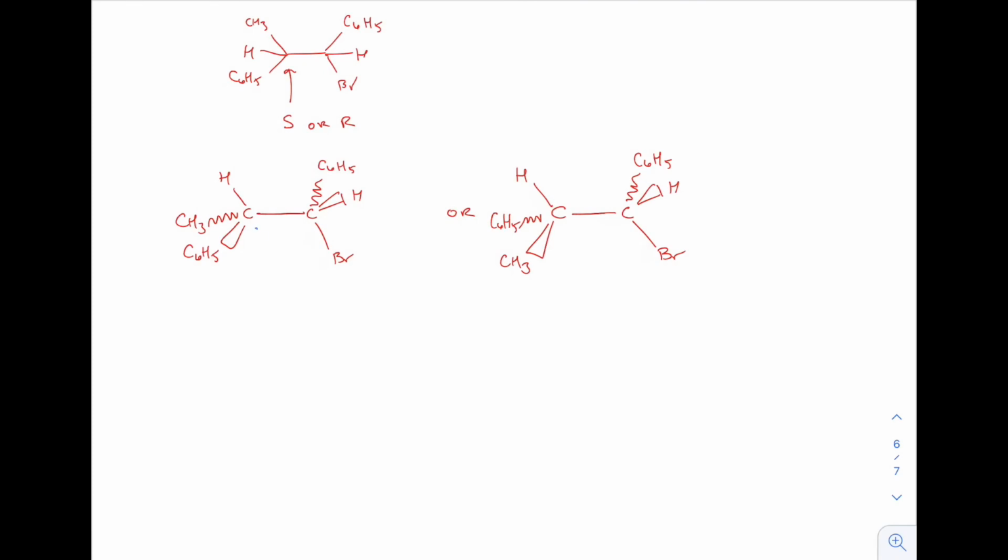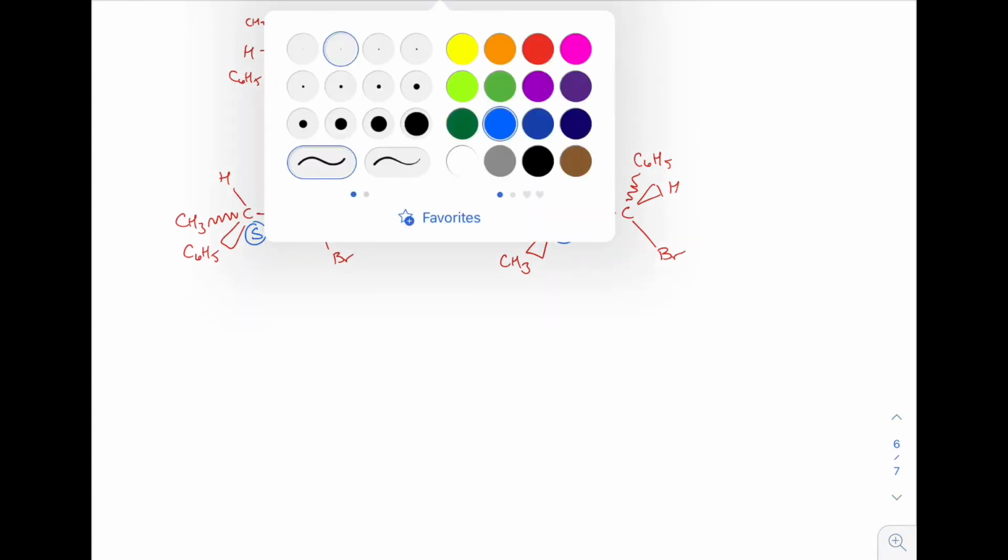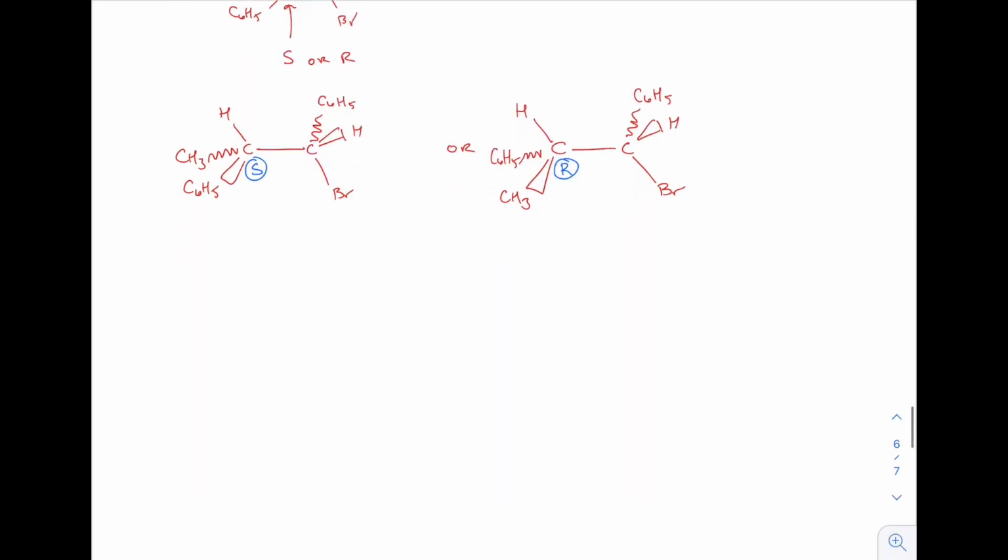So what we're going to see is how this alkene product is going to differ when we have these two different conformations, because the stereochemistry or the approach of this particular elimination reaction has to be anti-periplanar.